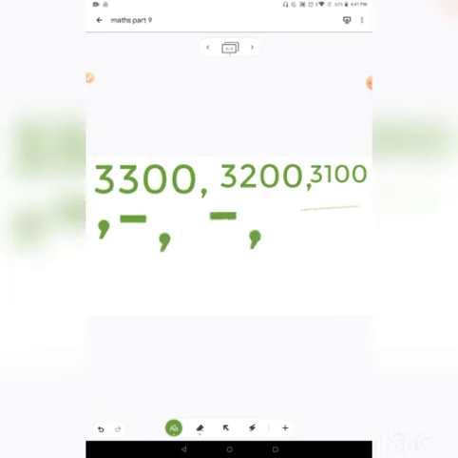So this is the question that is given in your textbook. 3300, 3200 and 3100, these are the 3 numbers that have been given, and you are asked to fill this pattern. For that, find out the 3 more numbers which are coming in this series.